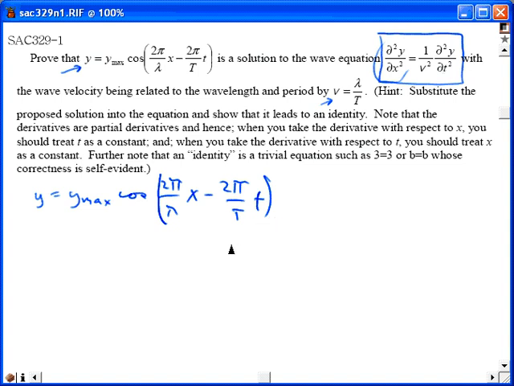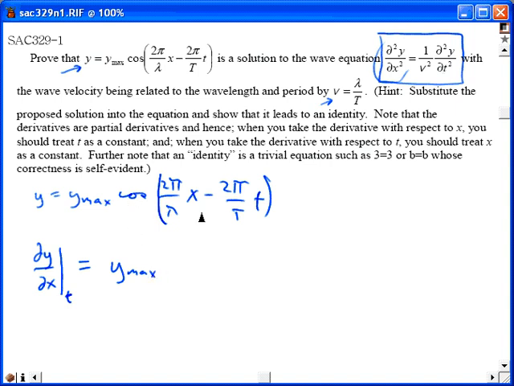In particular, in this case, keep t constant while you take the derivative with respect to x. dy by dx, I can emphasize that I'm holding t constant by means of a vertical bar with subscript t. And okay, I got a constant out front.